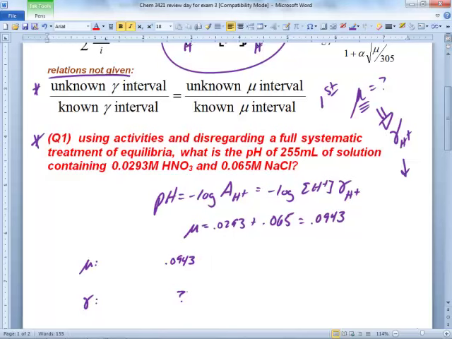If you don't have the table, you're going to have to, let's see, I need 0.0943. So I am between 0.05 and 0.1. Yeah, it's going to be between those two.